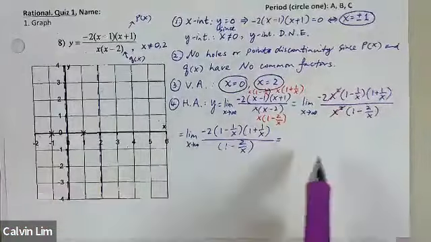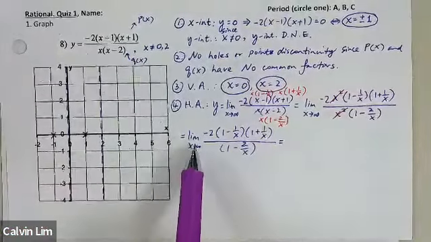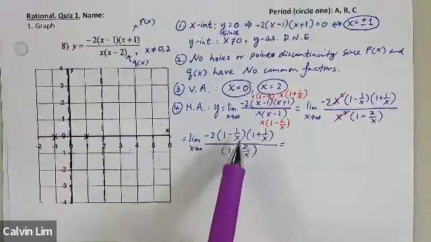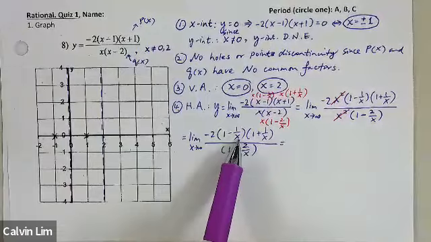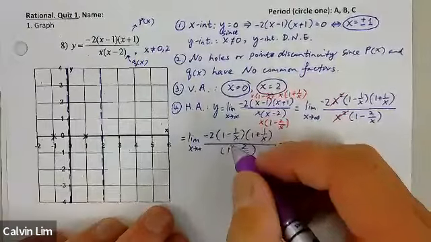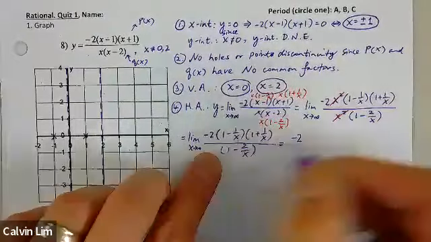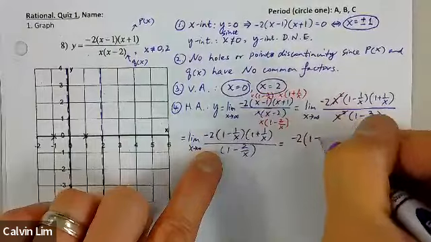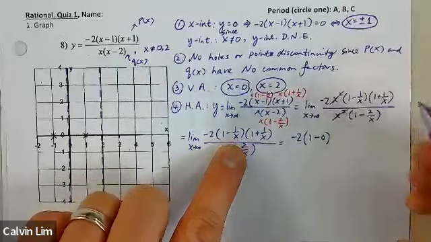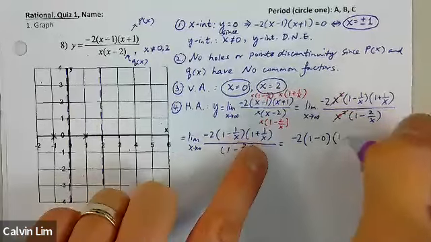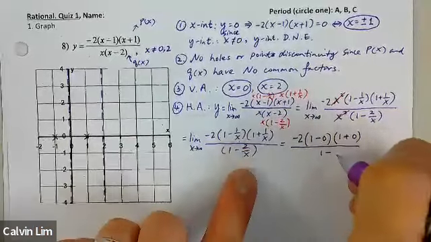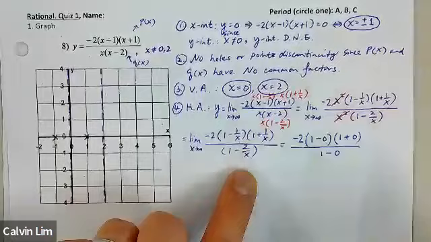The next thing you write, you can drop the limit notation, because you're going to see how this behaves as x goes to a really, really large number. So what happens to 1 over x as x goes really large? -2 is still there. This thing will be approaching 0. It might as well be 0. Same thing here, 1 plus 0. And 1 minus 2 divided by a really large number is still 0.